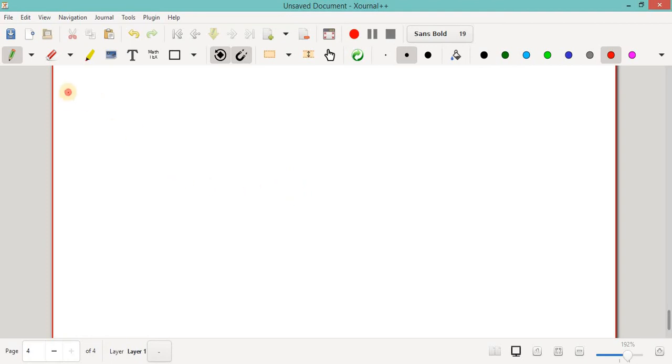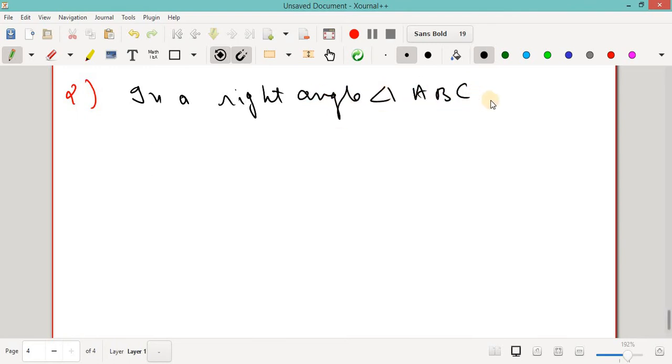Suppose a question is given that in a right angle triangle ABC, angle ABC is equal to 90 degrees. This will be given. I told you trigonometry means 90 degree will be there.